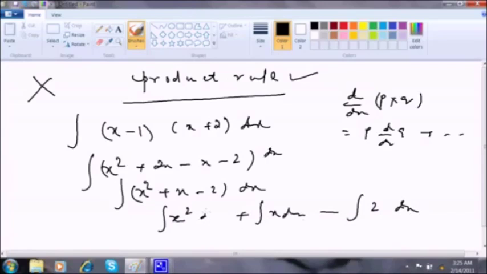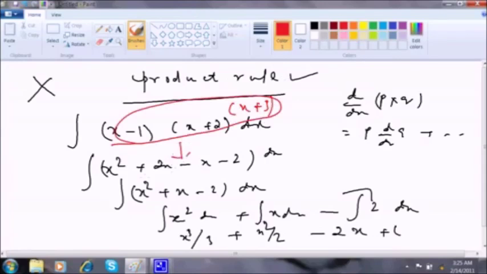So this is x cubed by 3, this is x squared by 2, and the 2 comes out, integration of dx is x, plus c. If the question again has, let me say, another factor like x plus 3, then you multiply all this, get a figure like this, and then individually integrate like this.